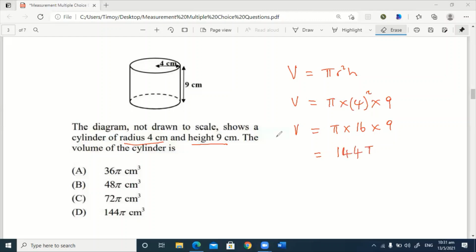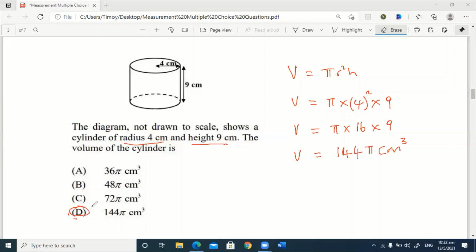And because it's volume, you have to remember that volume is measured in cubic centimeter. So the volume of this cylinder is 144 pi cubic centimeter, which answers that that's going to be D in this case.